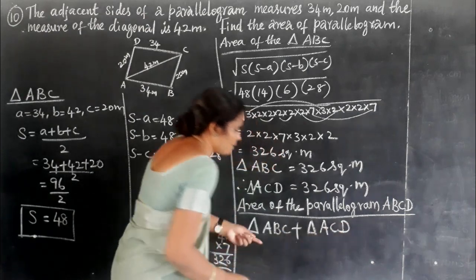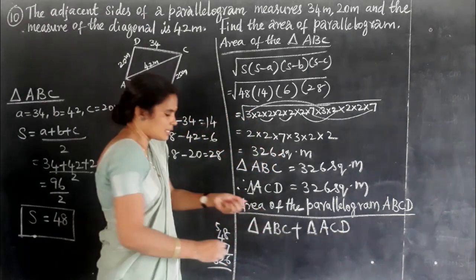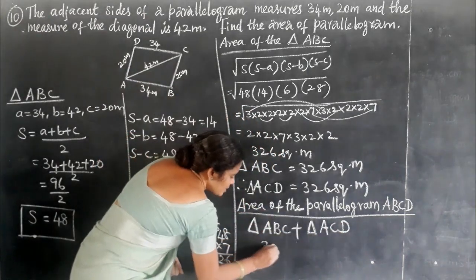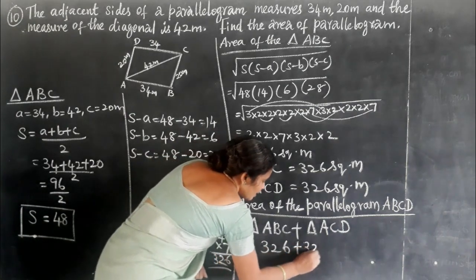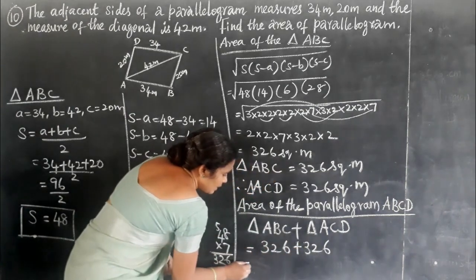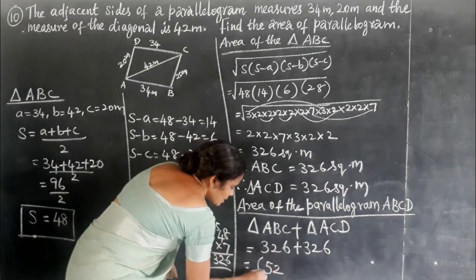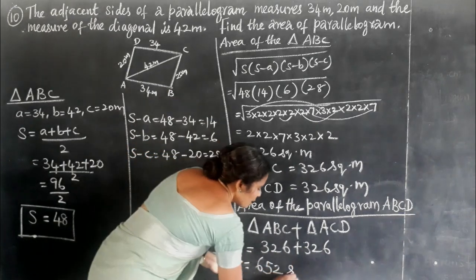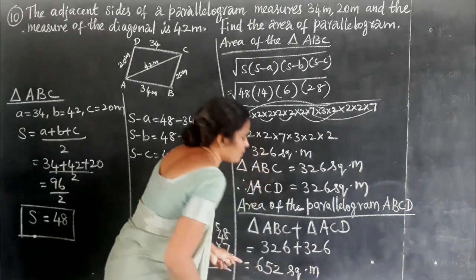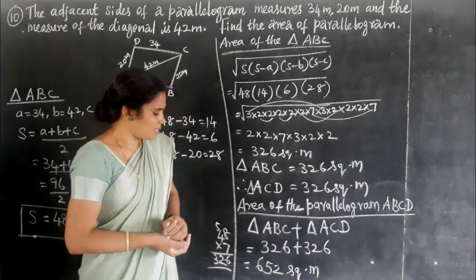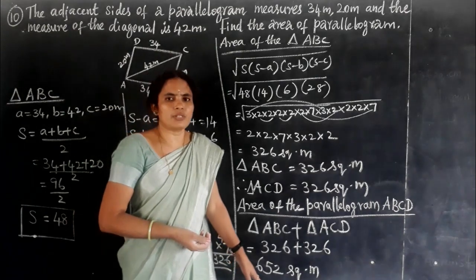Area of triangle ABC plus area of triangle ACD is 336 plus 336, which is 672 square meter. So therefore the area of parallelogram ABCD is equal to 672 square meter.